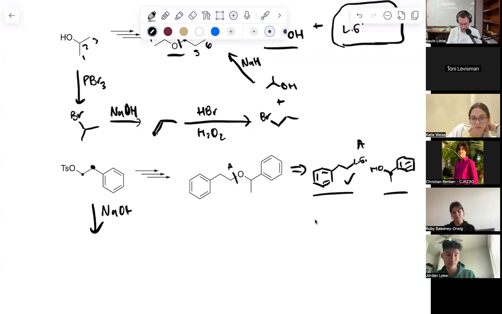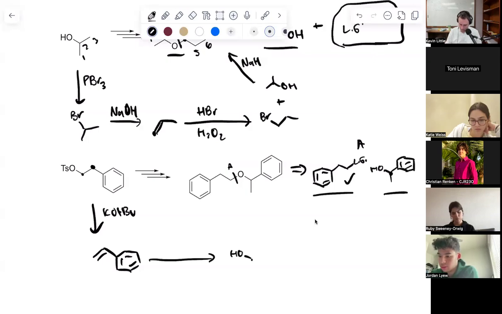An elimination. In this case, it does not matter what base you use. Well, I guess it would be better to use KOtBu because it's a primary leaving group. Then can I turn this into the alcohol that I wanted?